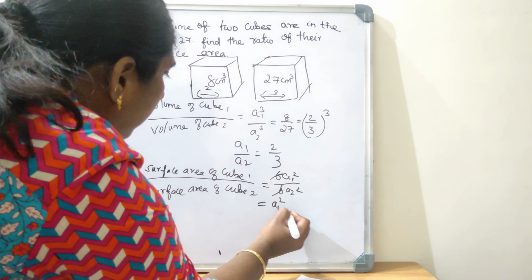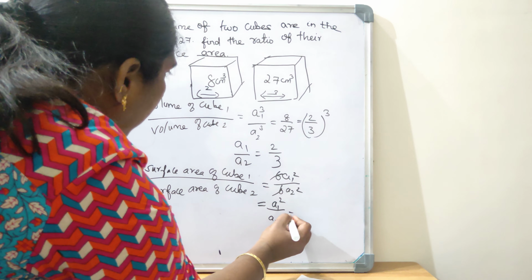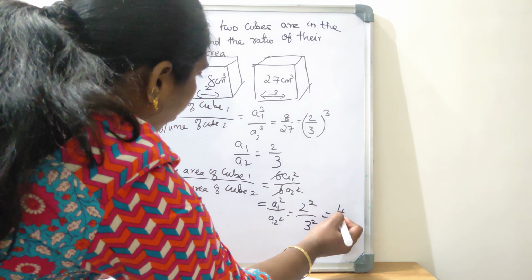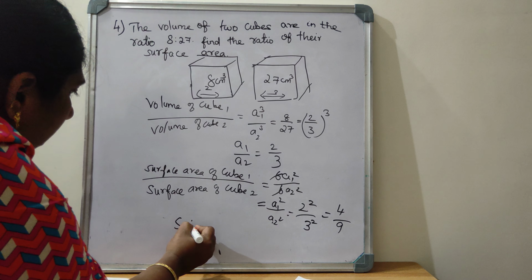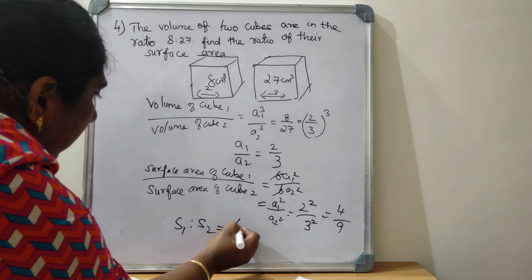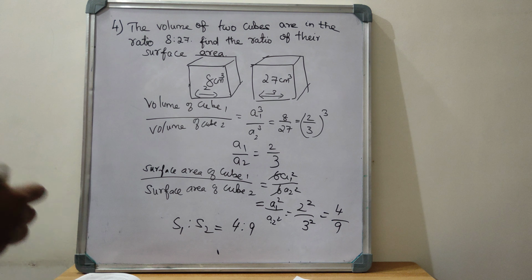So you have A1 square by A2 square. A1 is 2 and A2 is 3. So 2 square by 3 square, that equal to 4 by 9. So S1 ratio S2 is nothing but 4:9.